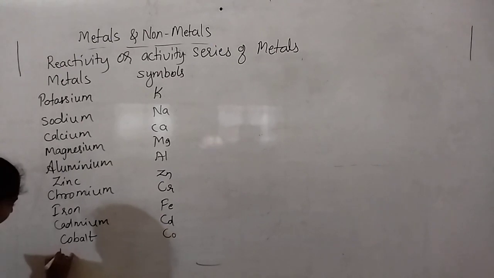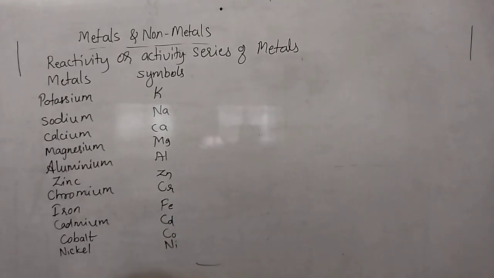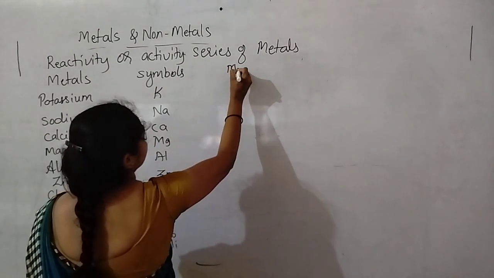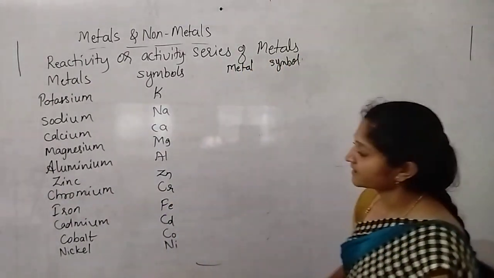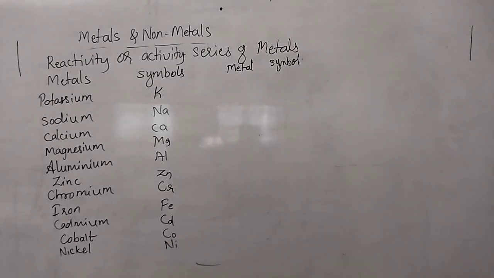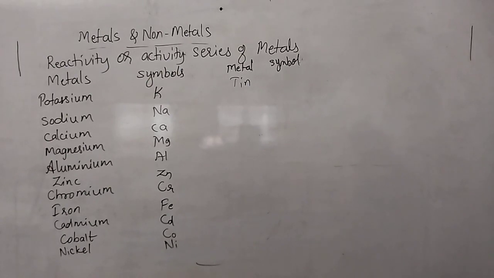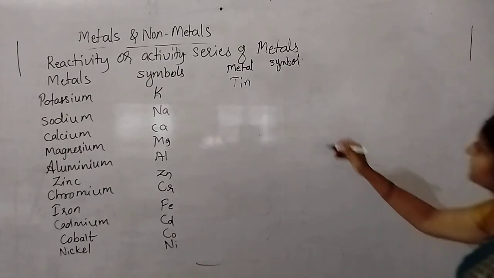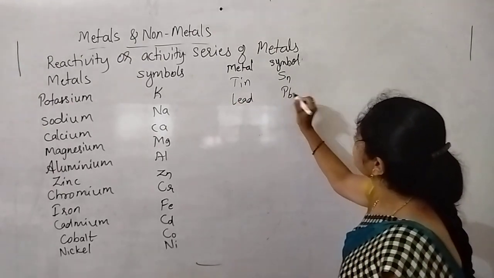Then nickel, that is Ni. After nickel, the metal is tin. The symbol of tin is Sn. Then lead, that is Pb.